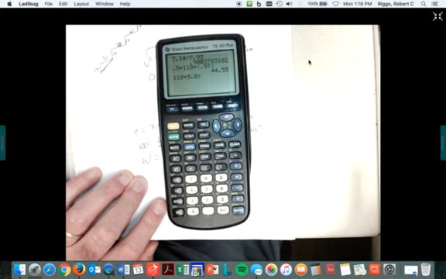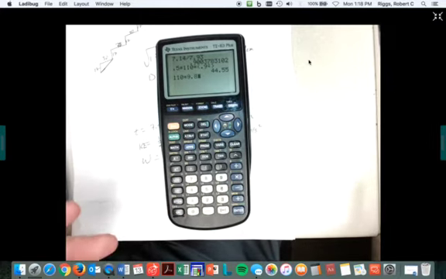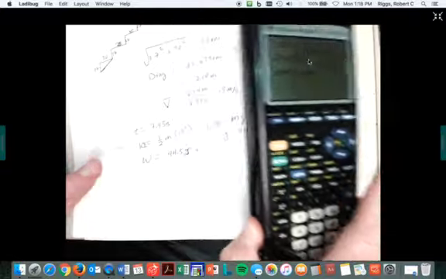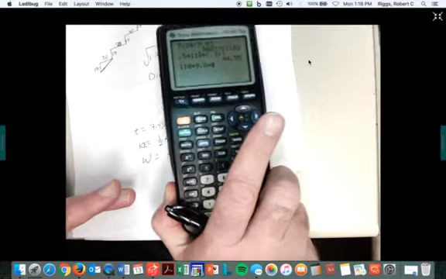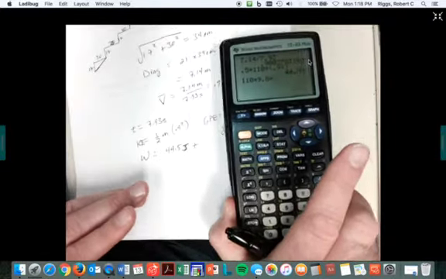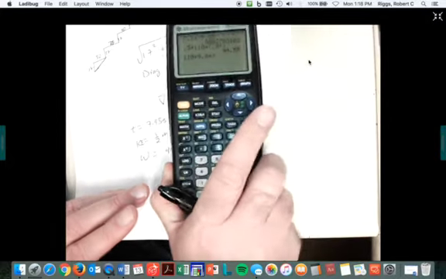Right away, this thing's huge. This is over 1,000 joules. Times the height that I went up, which is 3.57 meters.